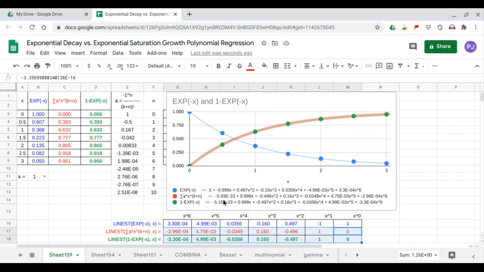And their polynomials are also, we have 0.99x, they're the same, 0.496x, almost the same, 0.16, and so on. This completes the use of Linus polynomial regression and Taylor series sum expansion to generate the comparison of exponential decay and exponential saturation growth.